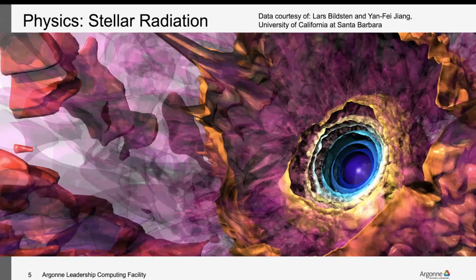So here are just a few examples of some of the science teams that we've worked with. This is an example of a stellar radiation simulation. Again, if you came to the demos the other day in the VizLab, you may have seen this one. This is essentially an exploding star, and they're looking at how these massive stars, on the scale of 80 times the size of the sun, have enormous amounts of gravity, yet they still lose mass.